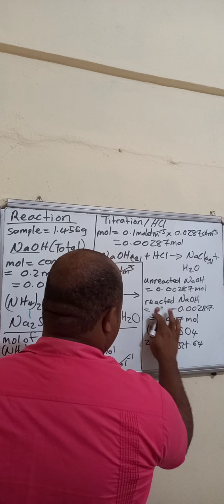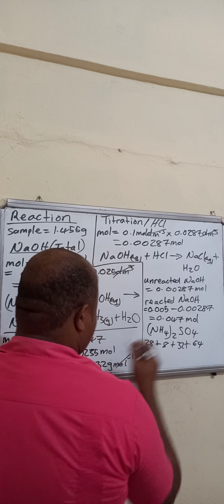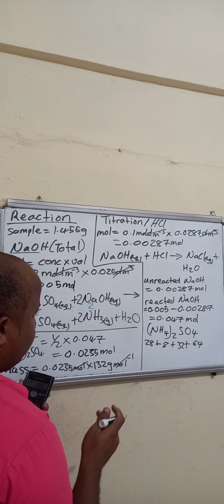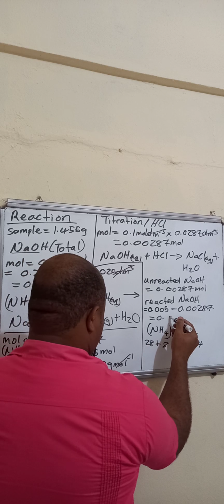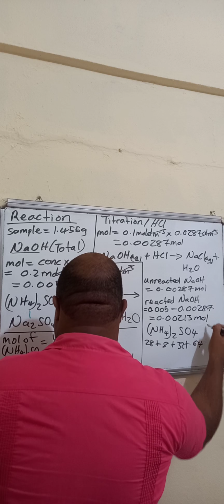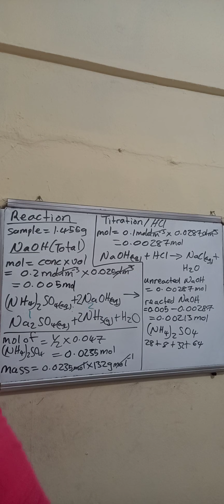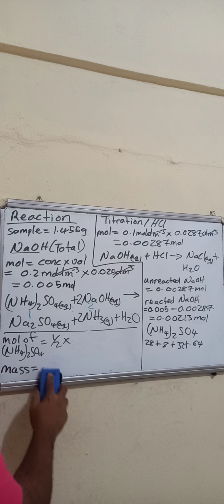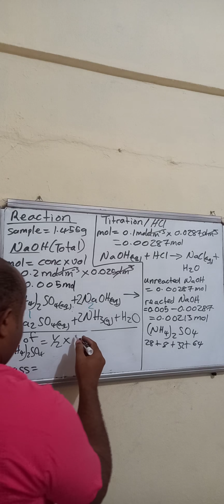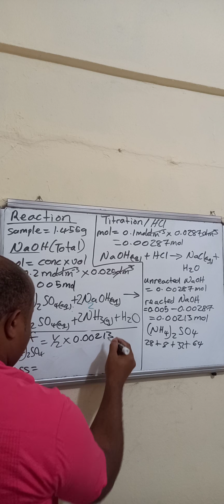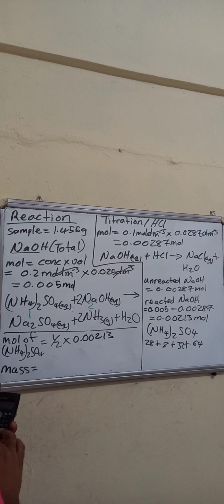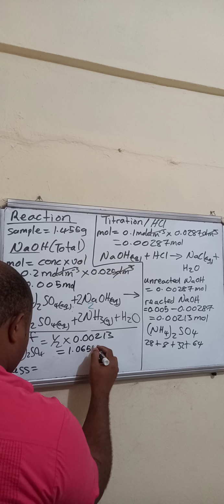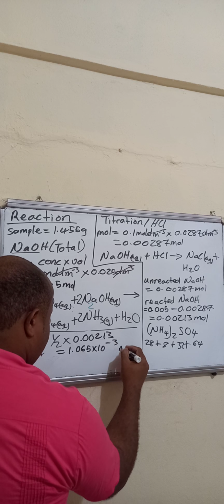So this would become, and we get 1.065 times 10 to the minus 3 moles.